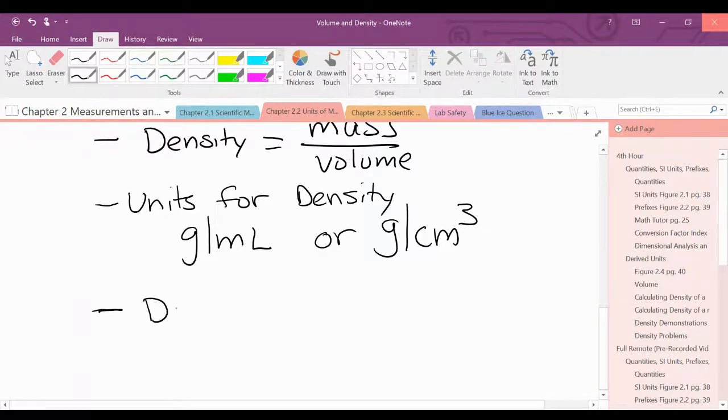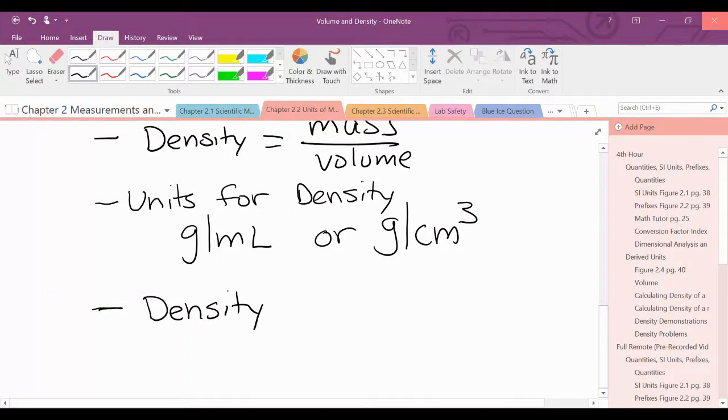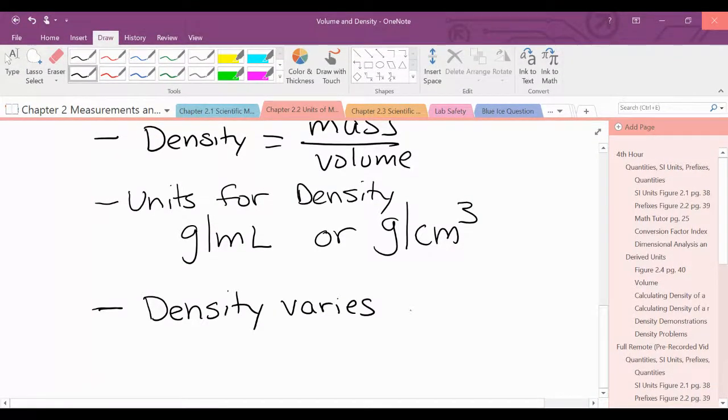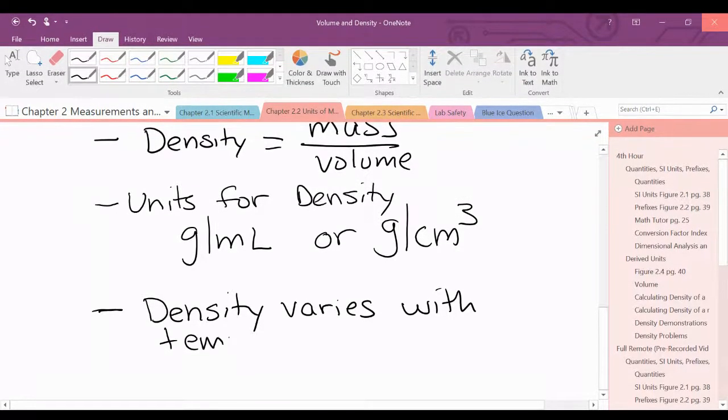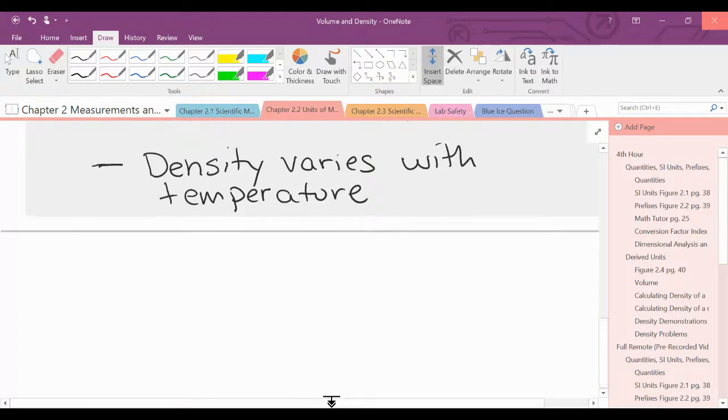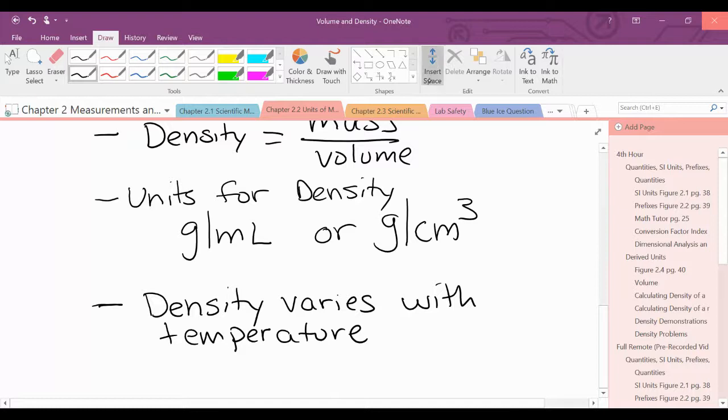Density does vary with temperature, and next week I'll show you a demo of how it varies with temperature. So when you look at a chart of densities, it should tell you what temperature those densities are at. You can use density to identify a substance.